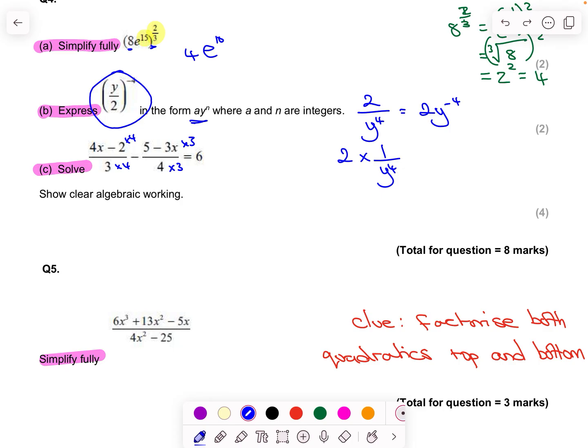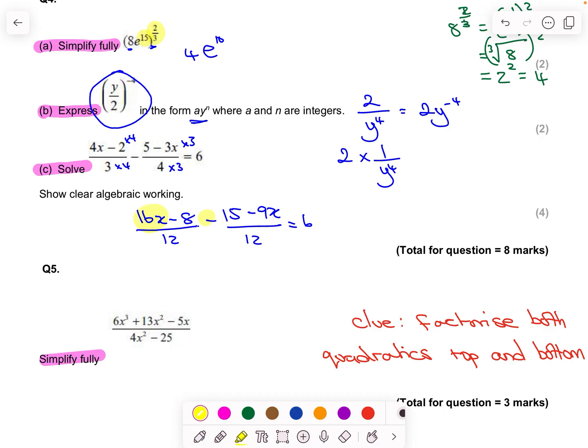Okay, so here I get 16x minus 8 over 12, take away 15 minus 9x over 12 equals 6. Then I'll tidy up, and I'm going to do 16x.